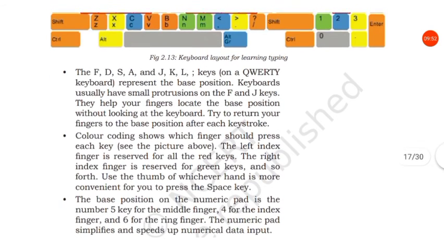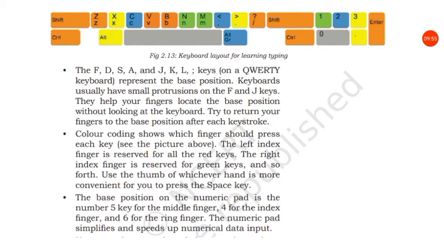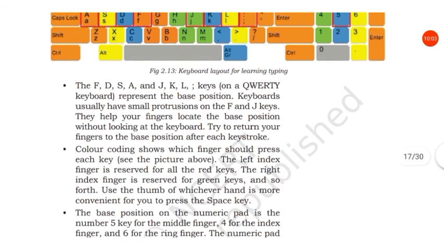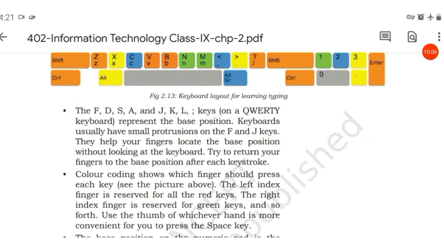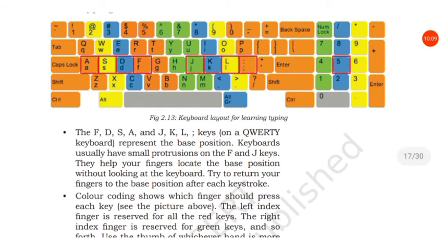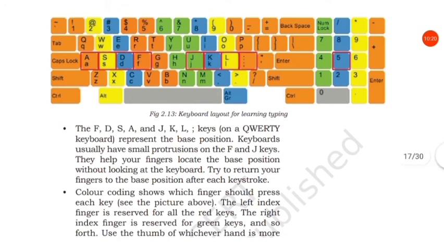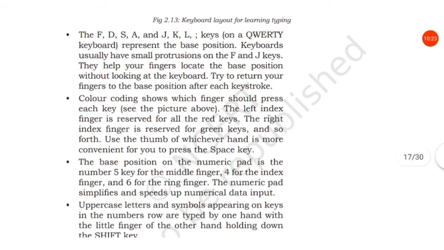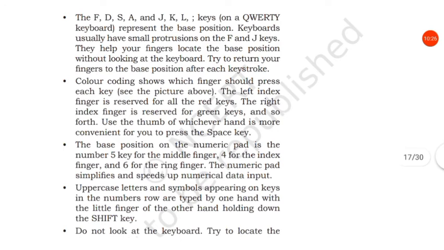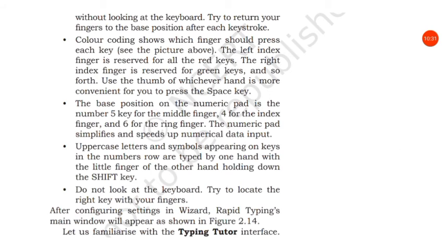It is the base position and it is handled by the middle finger, 4 is for the index finger and 6 is for the ring finger. So 5 middle finger, 4 forefinger and 6 ring finger. The numeric pad simplifies and speeds up entering numerical data.